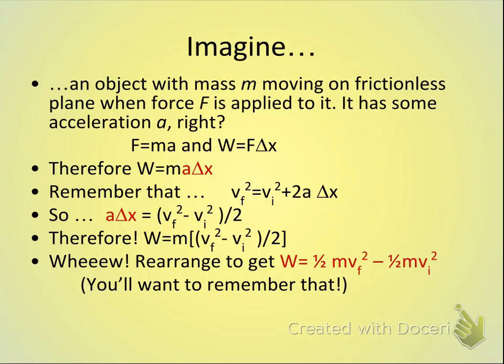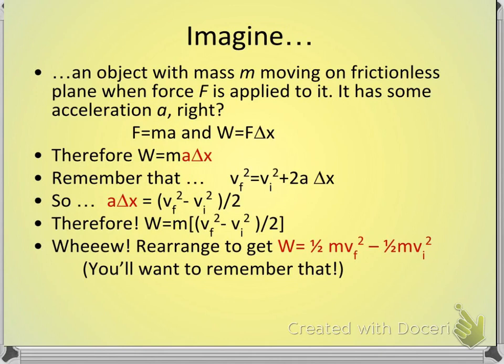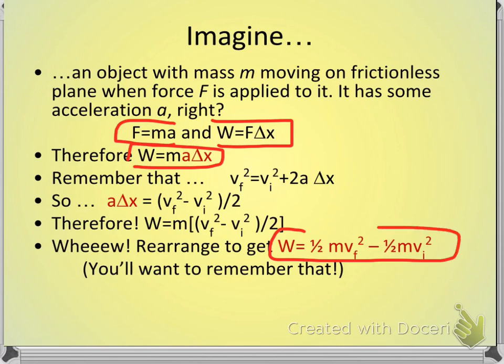So we have that. And then we went into this whole derivation, where we went from F equals ma and W equals F delta x, plugged in the a delta x for work, used one of our kinematics equations, and we end up coming up with this.